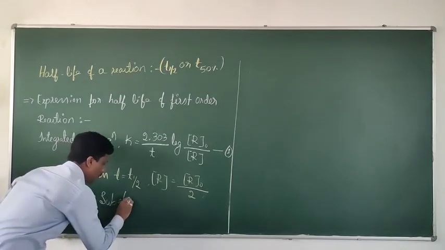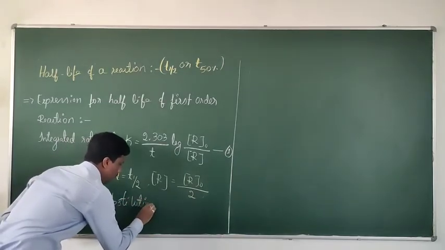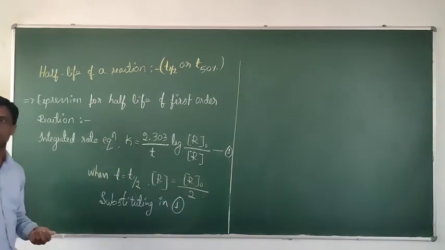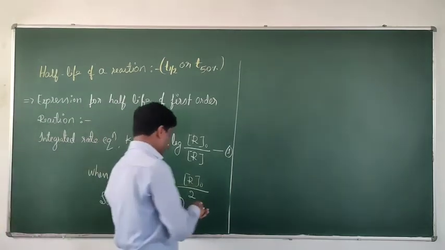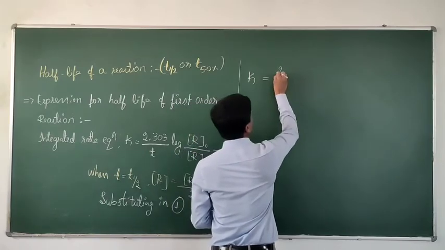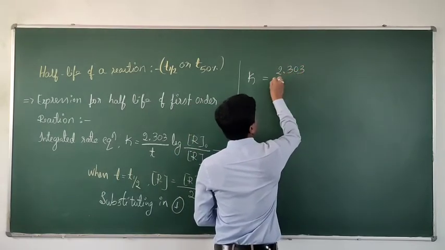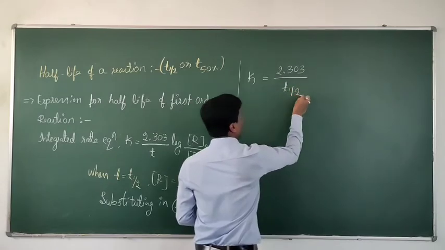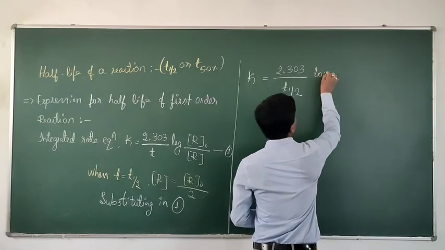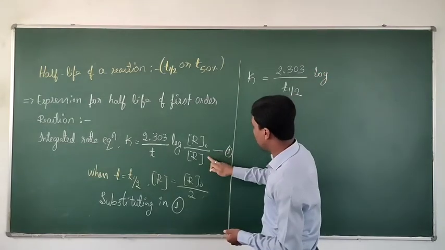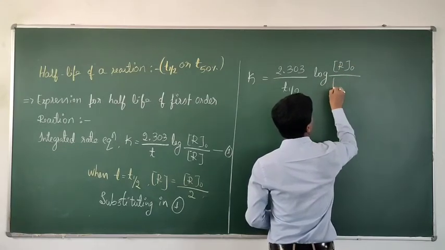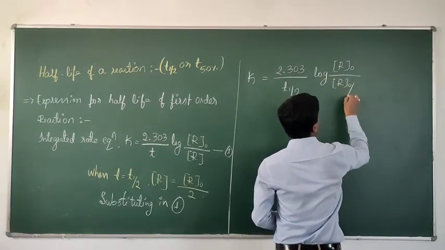Substituting in equation number 1, we will have k is equal to 2.303 divided by t half into log of R naught divided by R naught divided by 2.